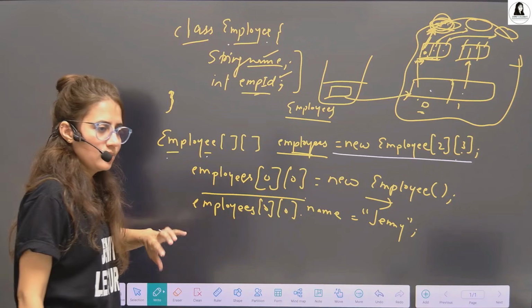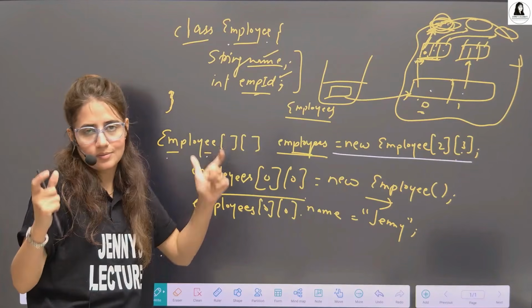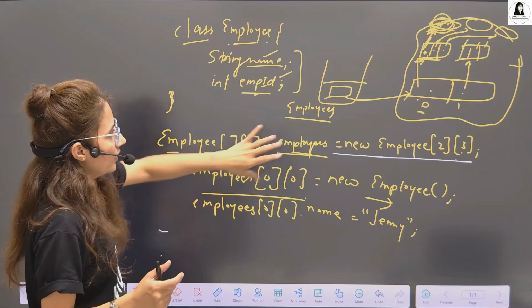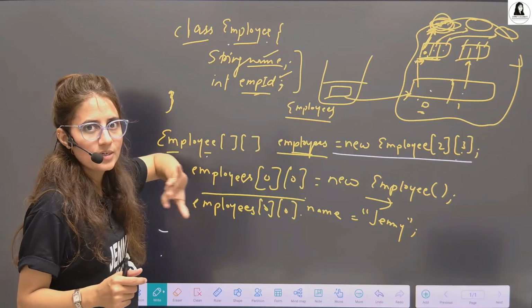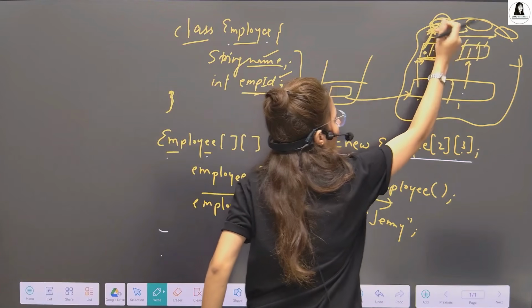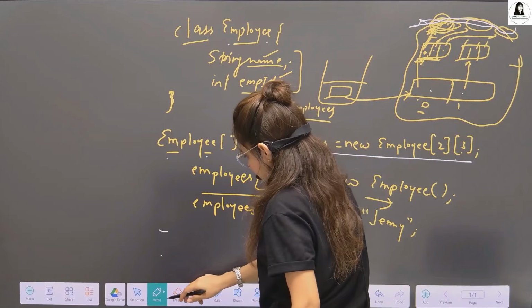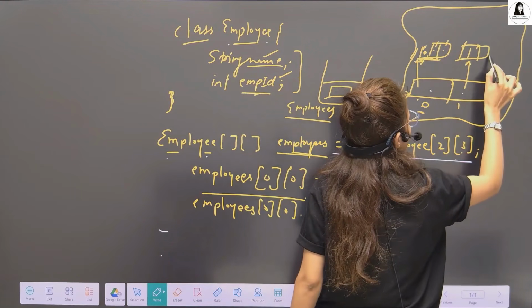Okay, if you want to create a 2D array of object references of any class type, so in the heap area, how this is basically represented, to some extent it is clear to you. Till now, it is the same. This is, suppose, the heap area.